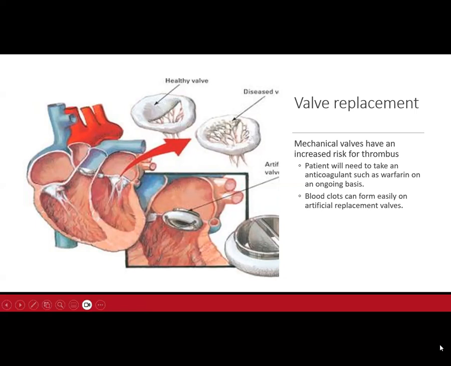And the reason for that is because this is a metal implant. So they don't want anything clotting or getting stuck, because these blood clots can form very easily on these artificial replacement valves. So with that, you just want to make sure that they're educated that it's very, very important that they take their anticoagulant therapy, because we just don't want any blood clots forming.